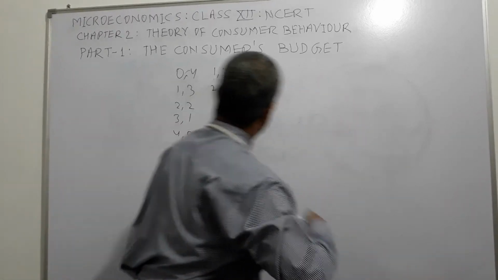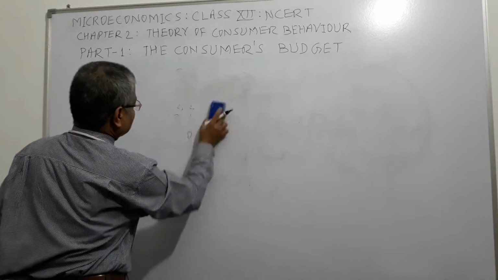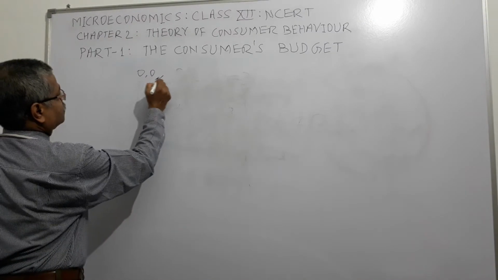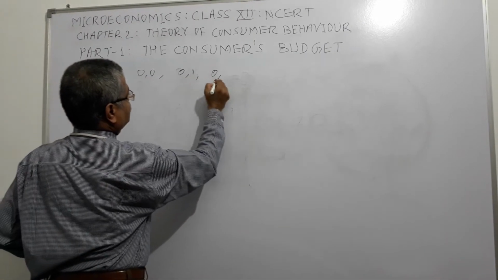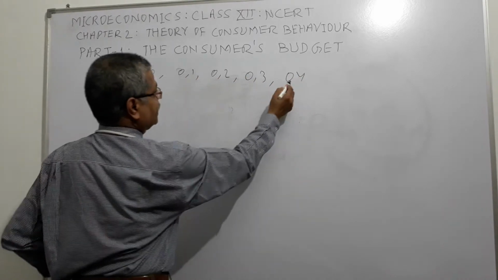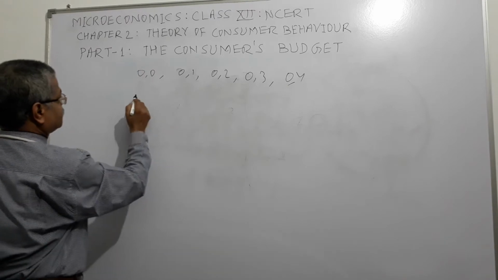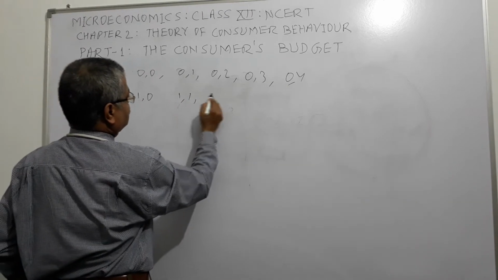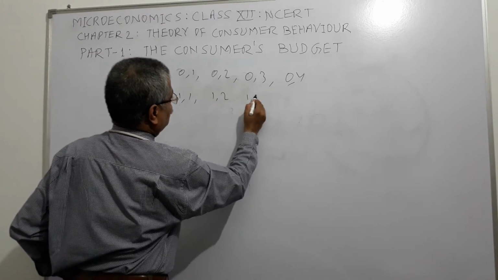Or what we can do, we can start from 0. I can go for (0, 0), (0, 1), (0, 2), (0, 3), (0, 4), one set of bundles. (1, 0), (1, 1), (1, 2), (1, 3).